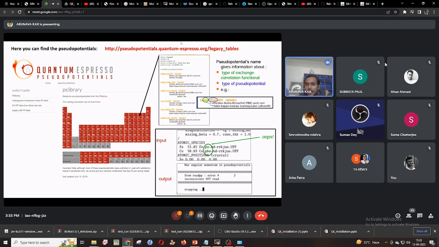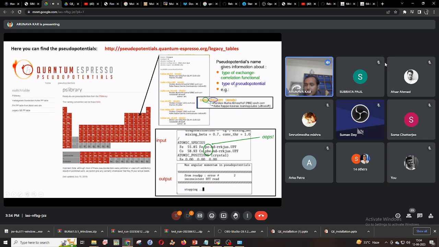But before using that, I want to say that there are different kinds of pseudopotentials. Here you can find the PBE form of the pseudopotential, which is developed for Quantum ESPRESSO, and it is well optimized for Quantum ESPRESSO, and the results are fine.